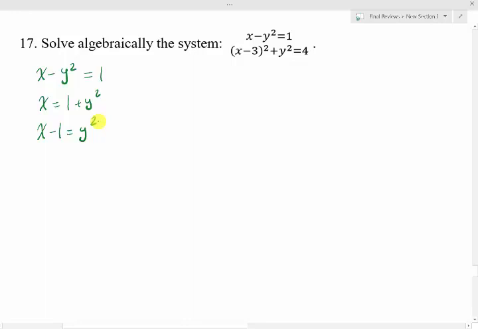Now that I have y squared, the variable I want to substitute out, all by itself, I can plug it into my second equation. So my y squared will become x minus 1.